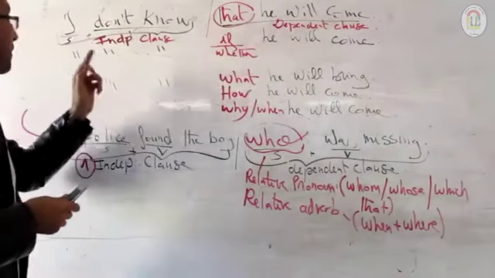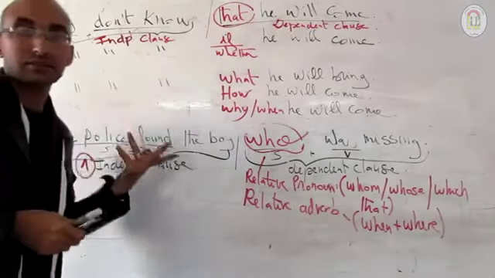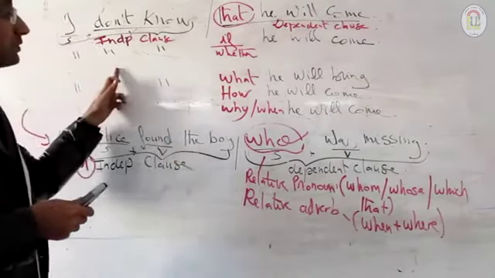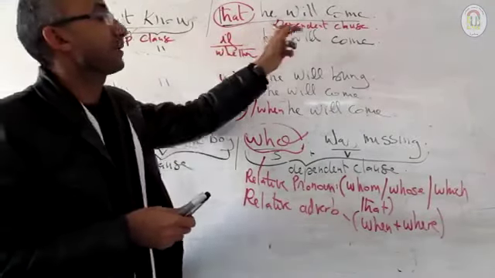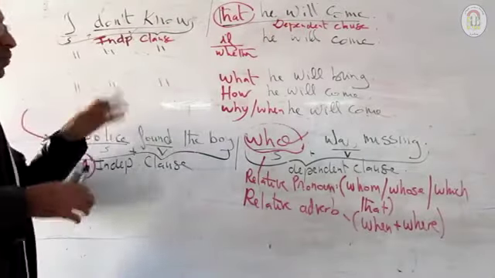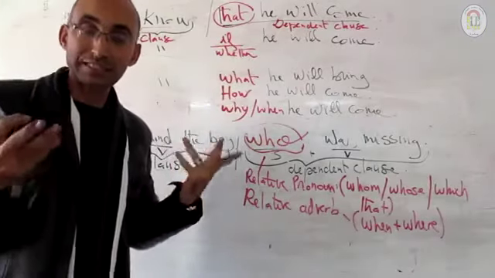Now here, I don't know what. I don't know that he will come. Or I don't know if he will come. What's the answer of "what", as we said last time?